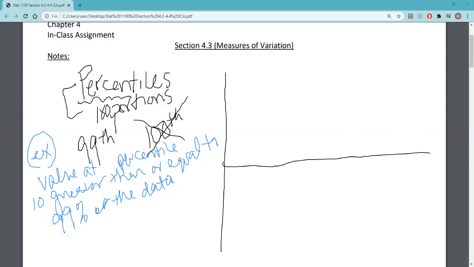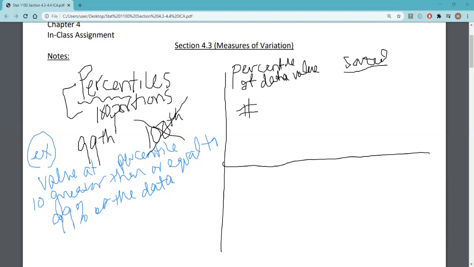So when we're talking about a percentile, it could be the case that we are wanting to determine the percentile of a data value. In this case, what we're wanting to do is we need to make sure that our data is sorted. And we need to say, okay, well, how many are below our value?